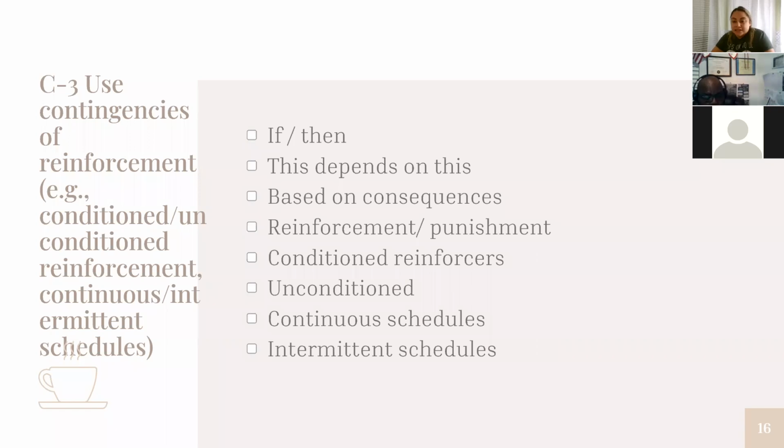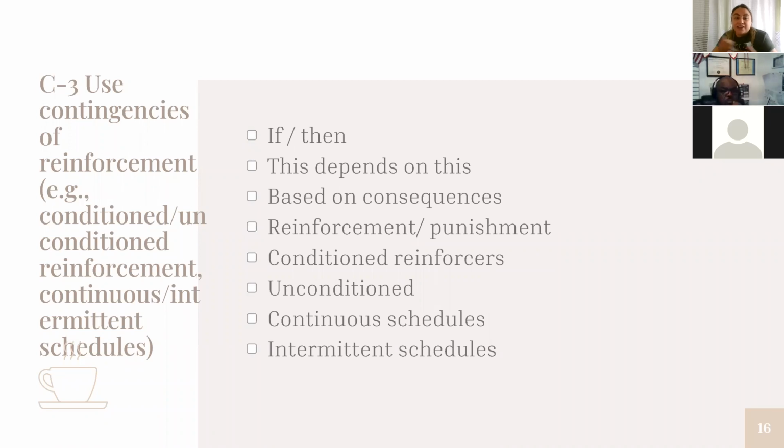Selena, can I ask you a quick question? Yes. Because okay, so I understand that the conditioned reinforcer has to be paired, so it's not a reinforcer until it's paired. Yeah, so it has to be paired with some type of primary reinforcer. So it was a learned reinforcer. So examples can be like a token board.